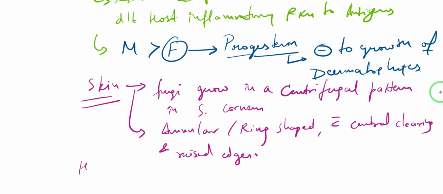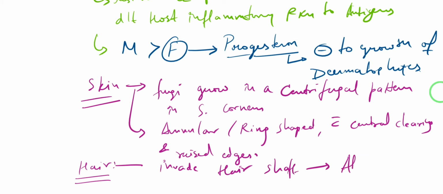In case of hair, it could be different, because these fungi can either invade the hair shaft, in which case alopecia may be present, or they can just surround the hair shaft, in which case there is normally no alopecia.